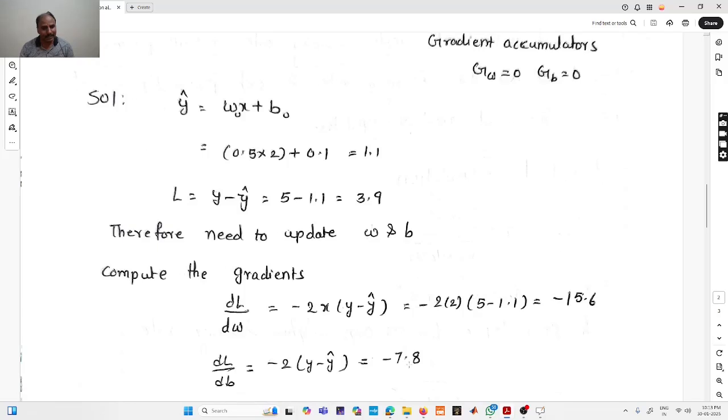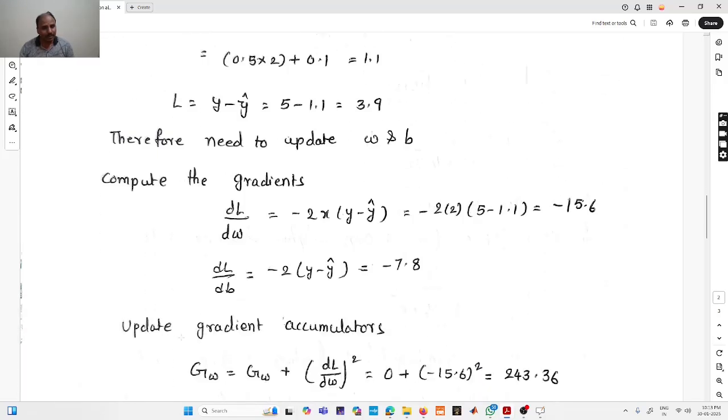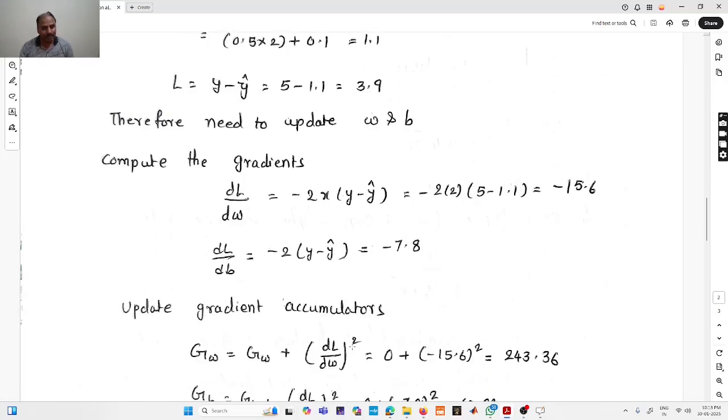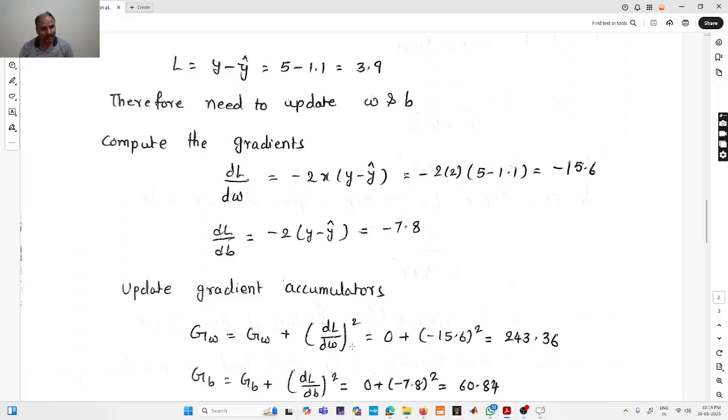Then we update the gradient accumulator. Now it is somewhat different compared to the stochastic gradient descent algorithm.